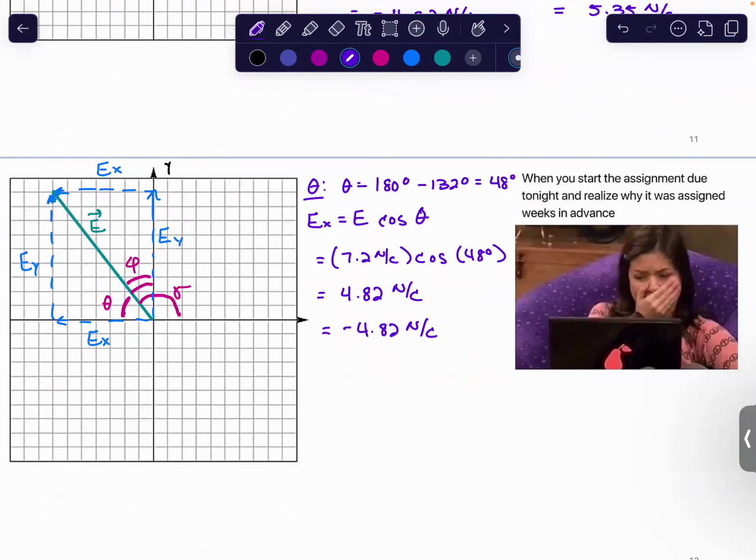So let's look at, well, if EX was the cosine, that one has to be the sine automatically. And so when you put your numbers in again, you're going to get 5.35 newtons per coulomb. Am I going to leave that one positive or should it be negative? Positive, because it's pointing in the positive y direction.